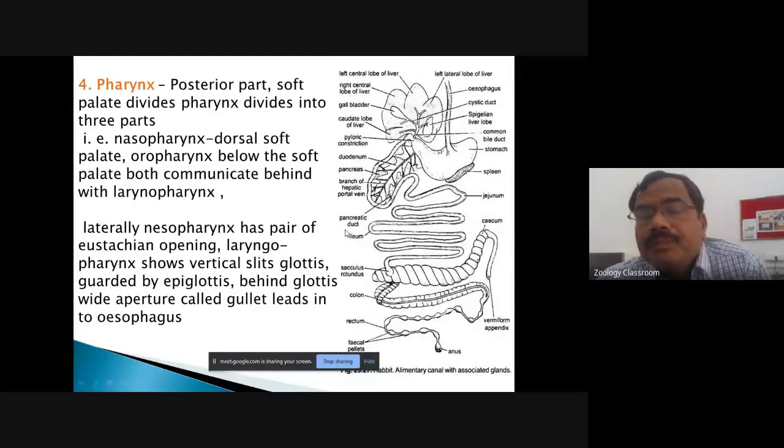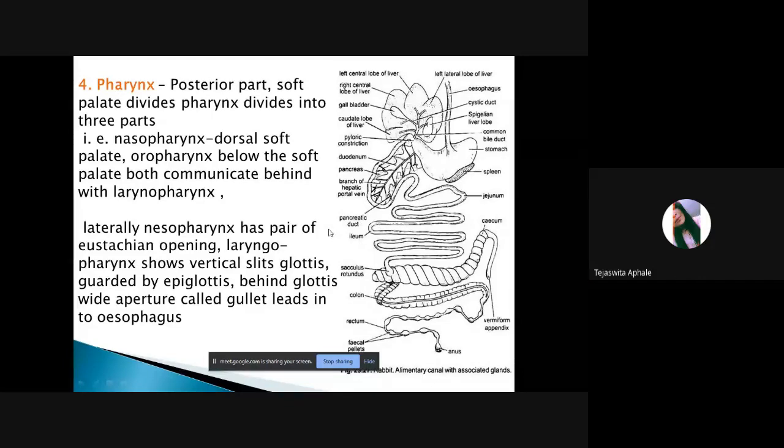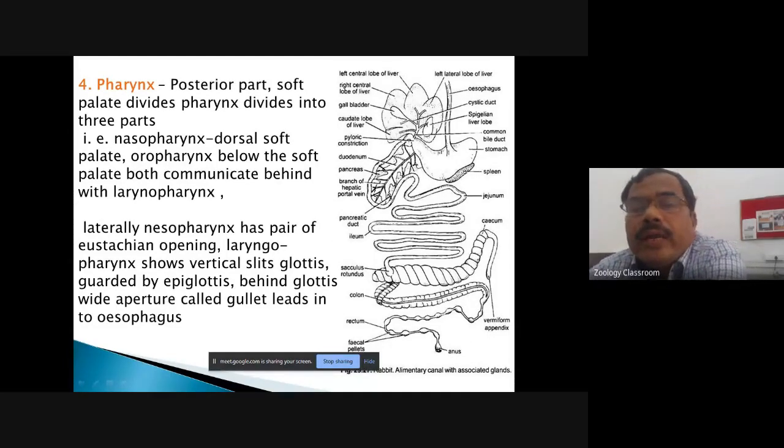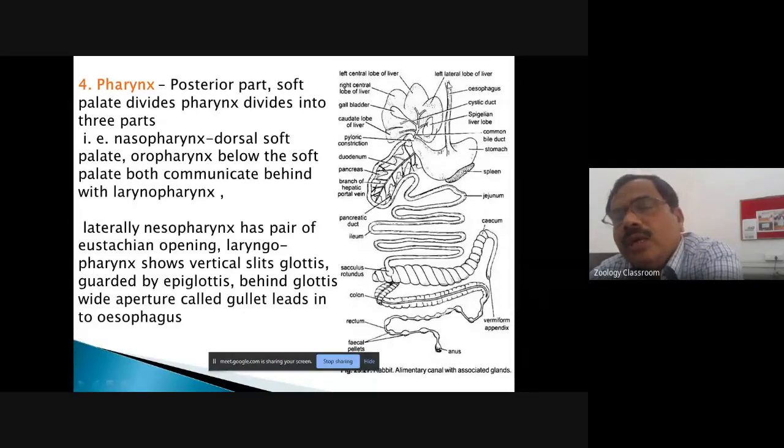Yes, sir. Okay, now come to this figure. Here food enters into this tube, which is known as the esophagus. This esophagus is a somewhat narrow muscular tube, which starts from the buccopharyngeal cavity onward.